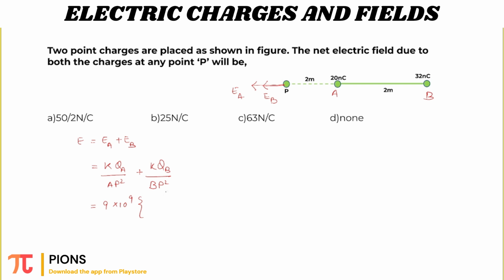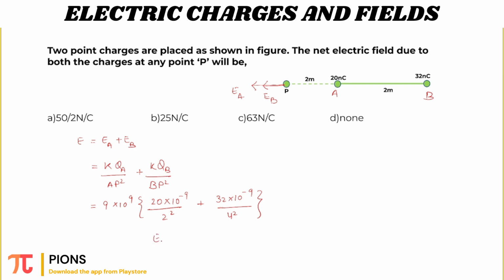And QA is 20 nanocoulomb, so 20 into 10 to the power minus 9 divided by AP, that's 2 squared, plus the second charge, 32 into 10 to the power minus 9 divided by BP, that's 4 squared. Any doubt?